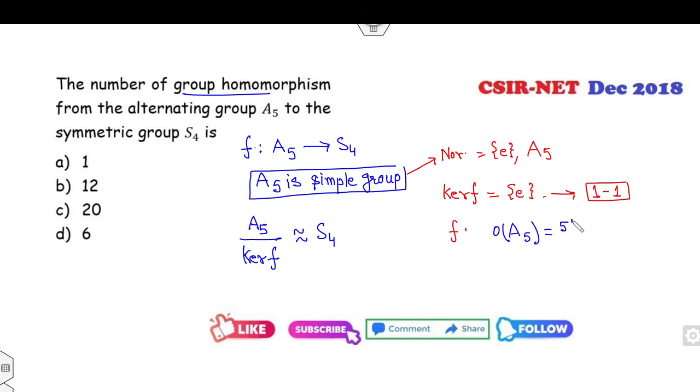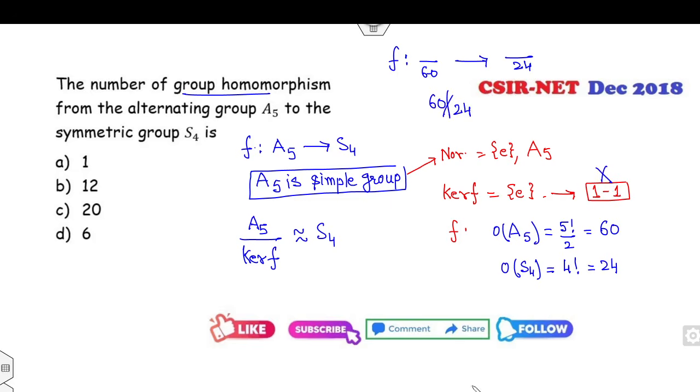A5 is 5 factorial over 2, that is 120 over 2, which is 60. And the order of S4 is 4 factorial, 24. So you have a group of order 60 going to a group of order 24. Clearly, 60 doesn't divide 24. So it is not one-to-one.